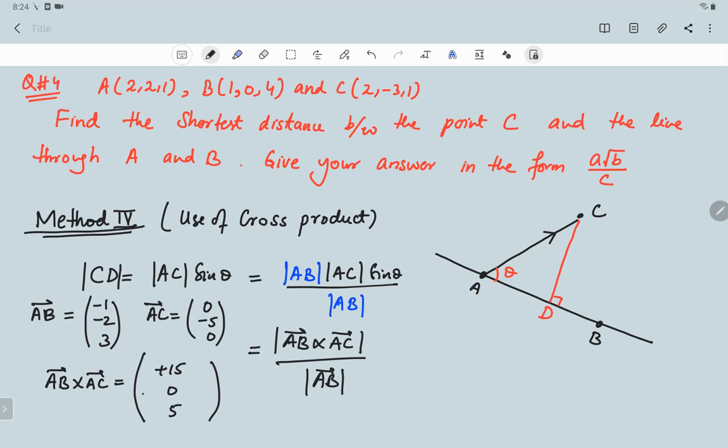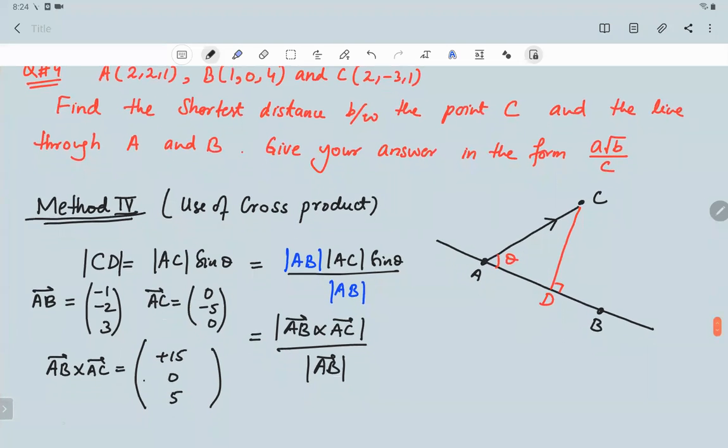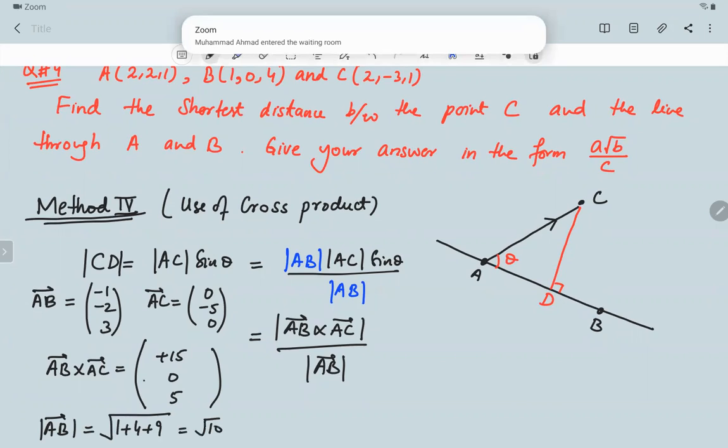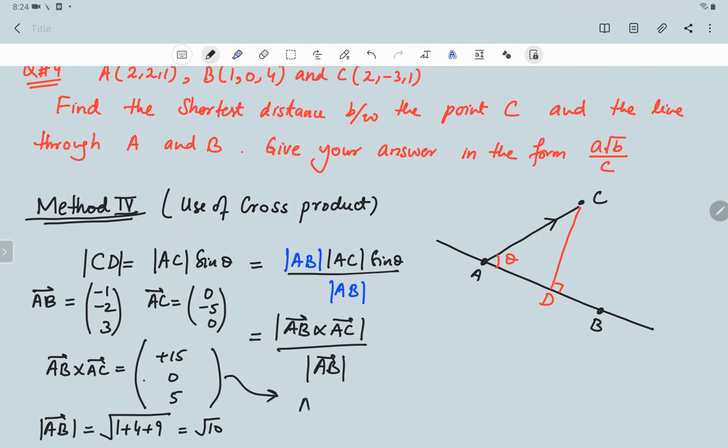The magnitude of AB is 1 plus 4 plus 9 under root, or under root 10. The magnitude of AB cross AC is 15 square plus 5 square under root. This becomes 250, I think.